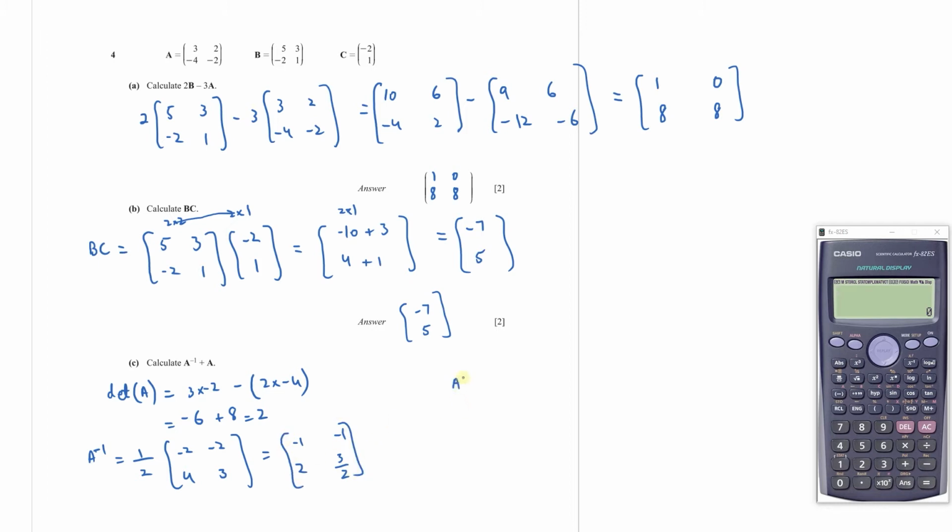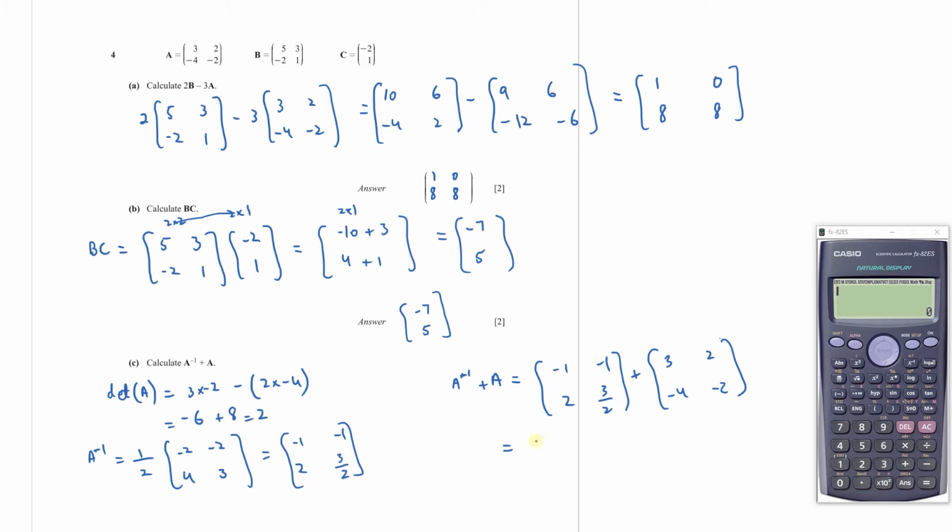So then A inverse plus A will be, A inverse is this, minus 1, 2, and 3 over 2, plus A, which is this, 3, 2, minus 4, and minus 2. So let's add them.